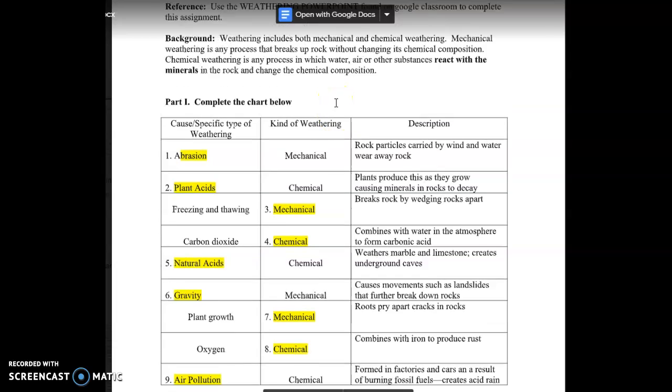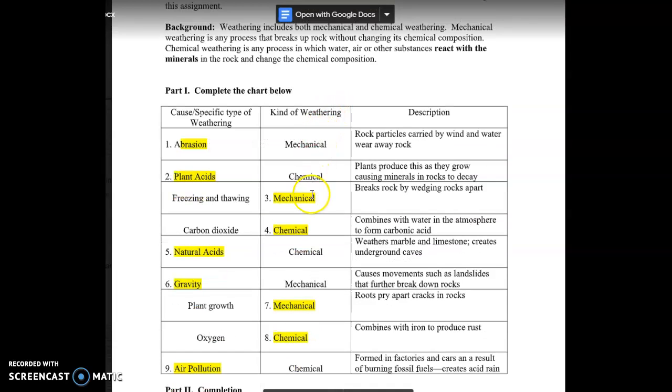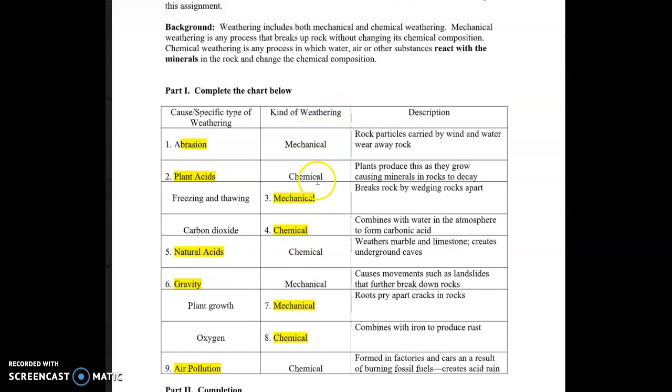So what I do want you to be aware of is that there are 2 types of weathering, mechanical and chemical. Mechanical weathering is where the shape of the rock changes only. Chemical weathering is where the shape of the rock changes, but there is also something new. A new substance is produced, and that only occurs with a chemical reaction. So that's why it's called chemical weathering.